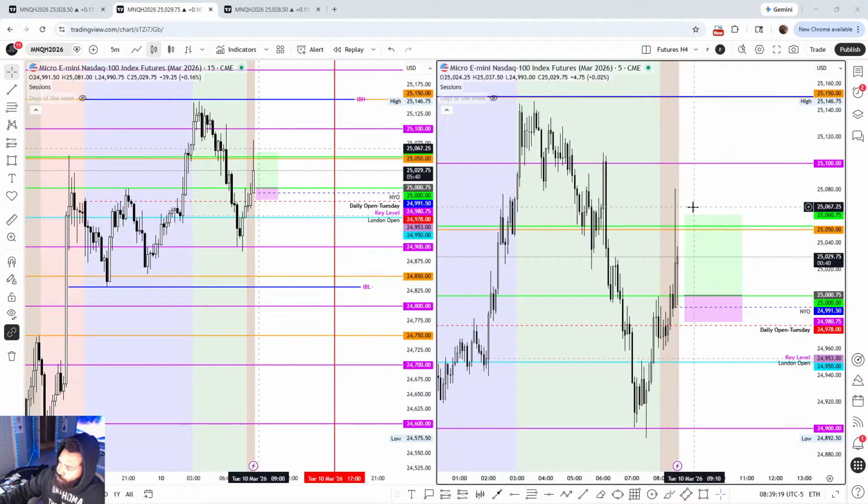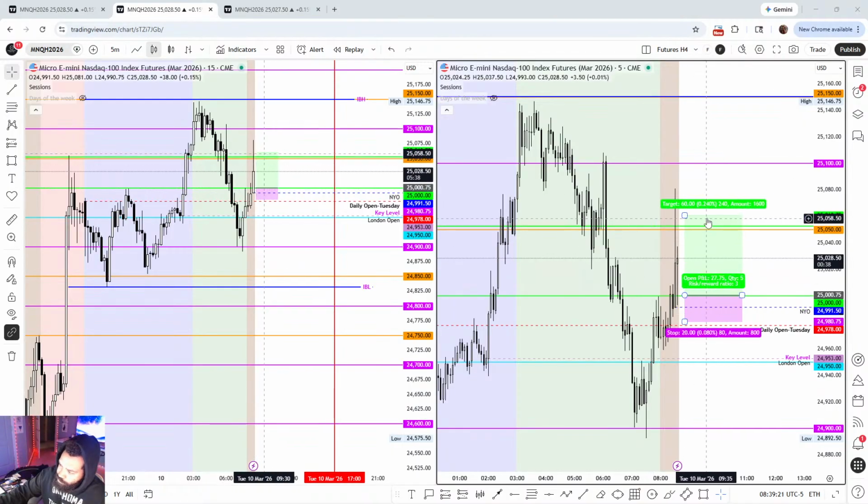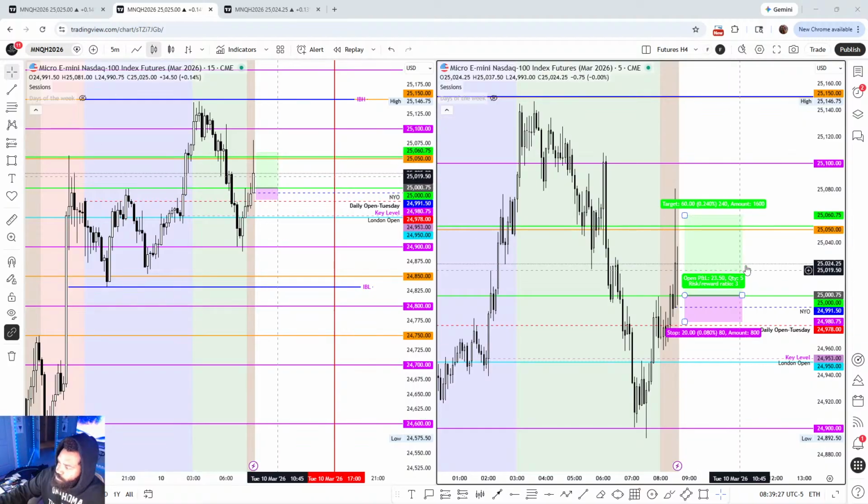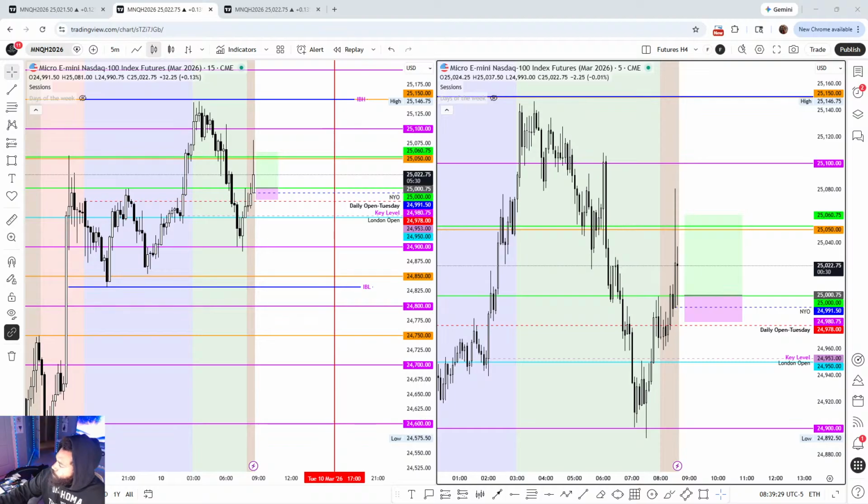I like it. So if you got in off that 5-minute area, like I said, you want to be cutting half of your volume here at 25.060s. But still waiting here for me. Looks pretty clean though to get to that area. And then ES isn't just falling off a cliff, so.